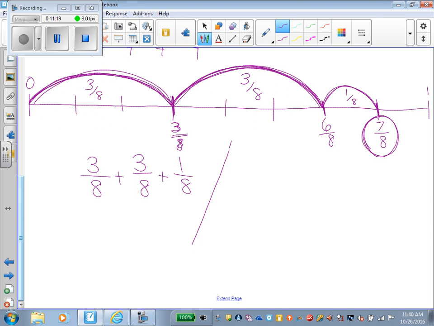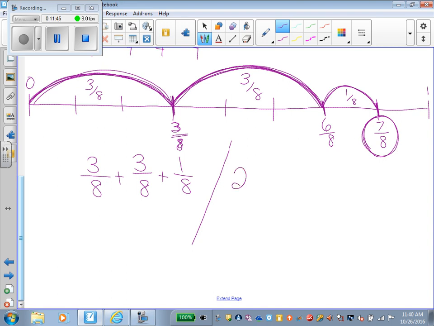All right, who can tell me the mathematical definition of multiplication? Talia. Repeated addition. What 2 fractions were repeated in this problem? 3/8. How many times were they repeated? 2.